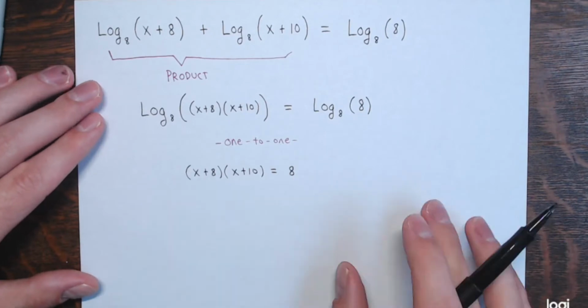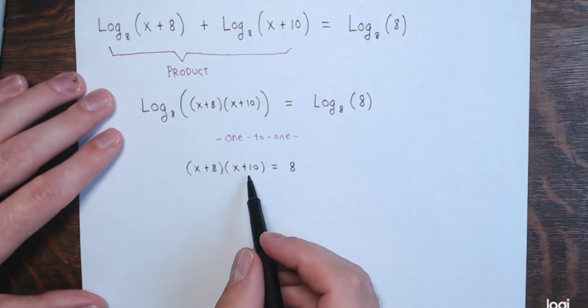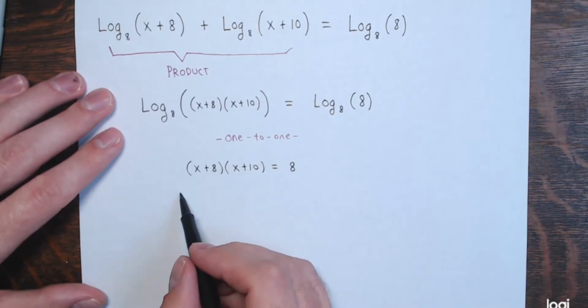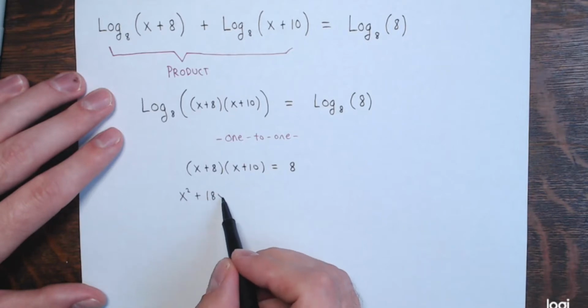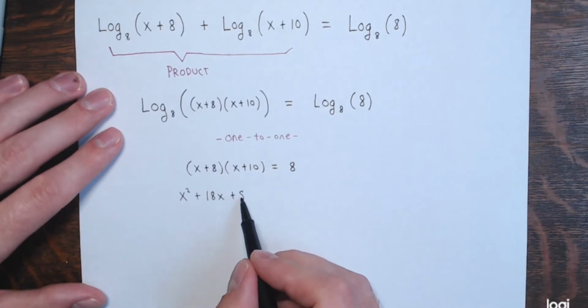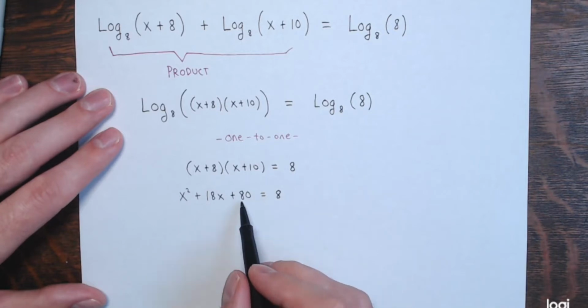Now this ends up being a quadratic equation. If I multiply x plus 8 and x plus 10, we'd have x squared plus 18x plus 80 equals 8. And then I'll subtract 8 from both sides.